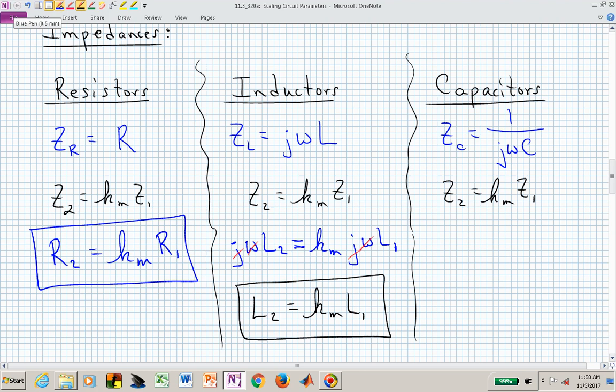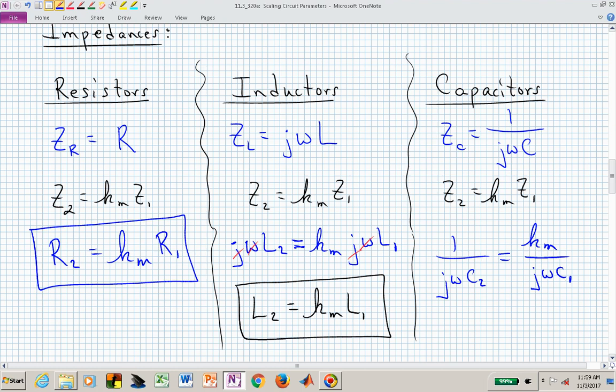Let's do the same kind of analysis for the capacitors. Again, we're using the basic relationship of the impedance of our capacitor, 1 over j omega C, but now we need to use that for C sub 2 and C sub 1, so that Z sub 2 is now 1 over j omega C sub 2, and that's equal to k sub m times Z sub 1's impedance, which is 1 over j omega C sub 1.